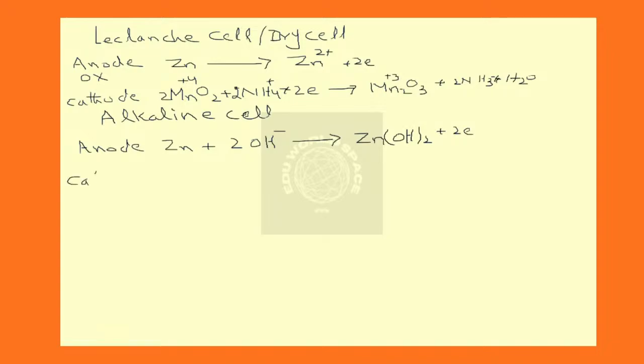and 2 electrons are released. At the cathode, the manganese dioxide, in the presence of a water molecule, gains these 2 electrons, forming an Mn2O3 molecule, and 2 hydroxyl ions are produced in the reaction.